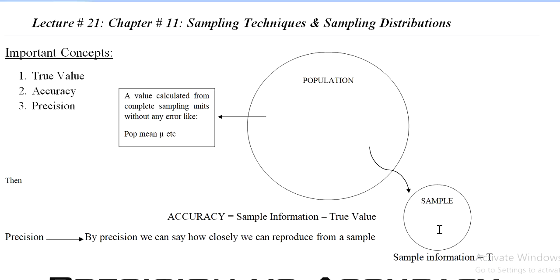So the difference between the sample mean and the population mean: the smaller the difference, the more accurate the results will be. Accuracy is basically the sample information minus the true value; the smaller this value, the more accurate your sample results will be.